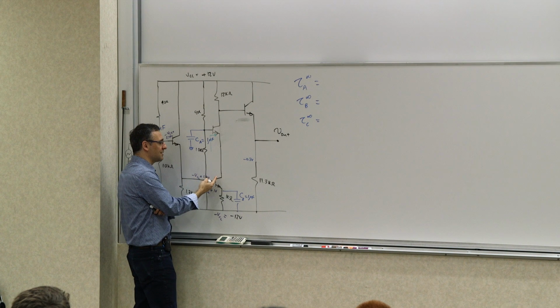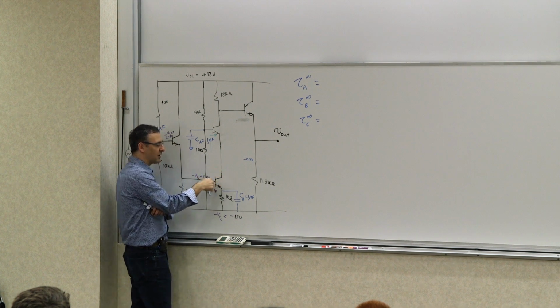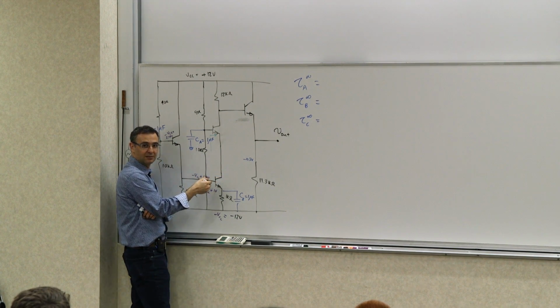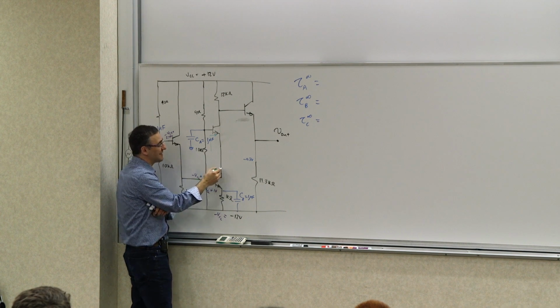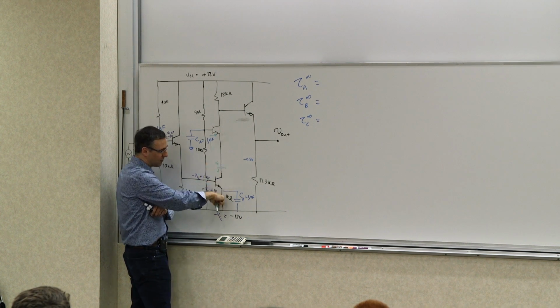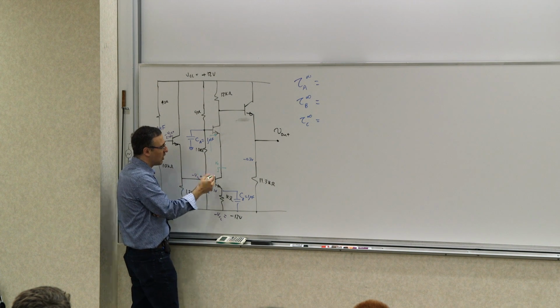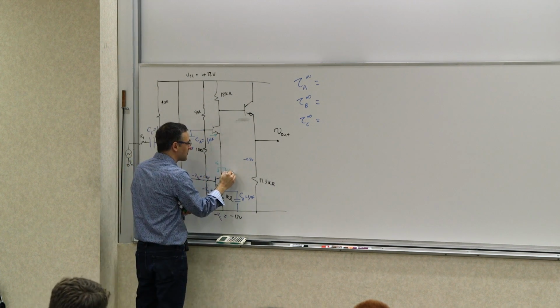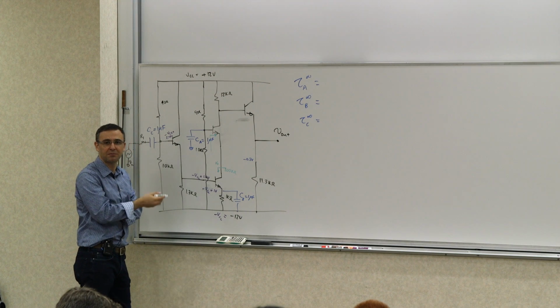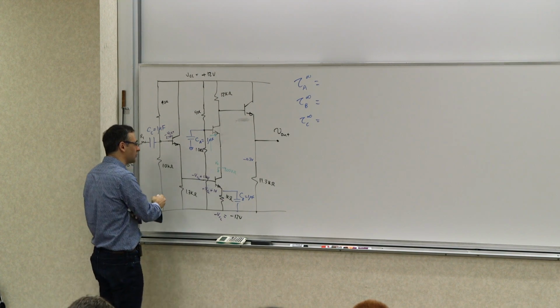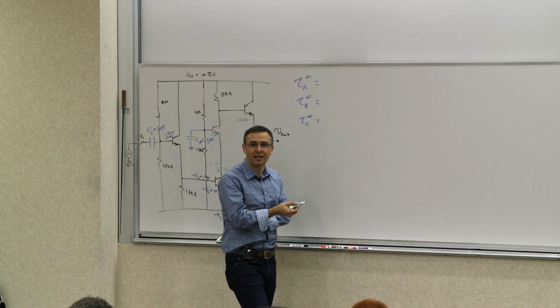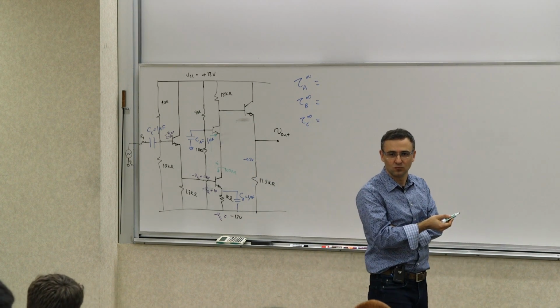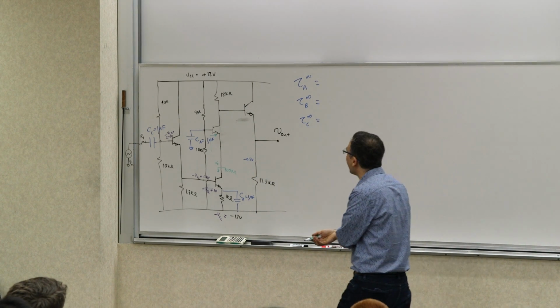R pi plus 1 plus beta times whatever you see looking into the emitter. Your emitter is basically just RO, because this is now shorted. So RO, let's say 100 kilo ohms, if this is 1 milliamp and VA, the early voltage, is 100 volts, so that makes it 100 kilo. So that's going to be gigantic, right?